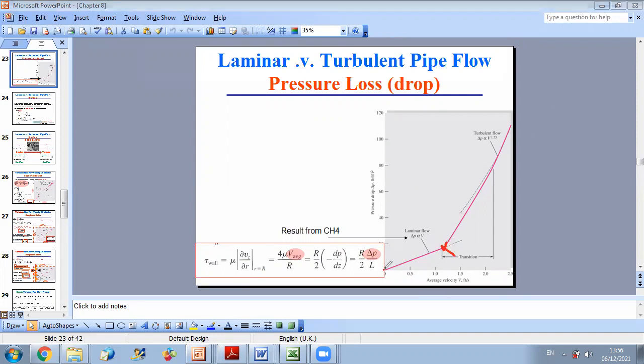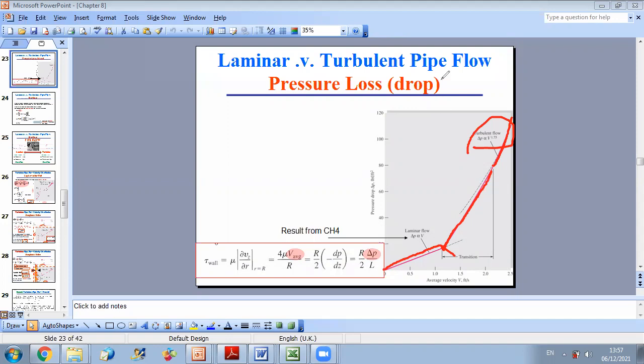First, it was nearly linear in the laminar region. After this, we start to have a high increase in the slope in the transition region. And at the end, we have nearly delta P proportional to V to the power 1.75. This is in confirmation with the empirical formulas obtained by the scientists.